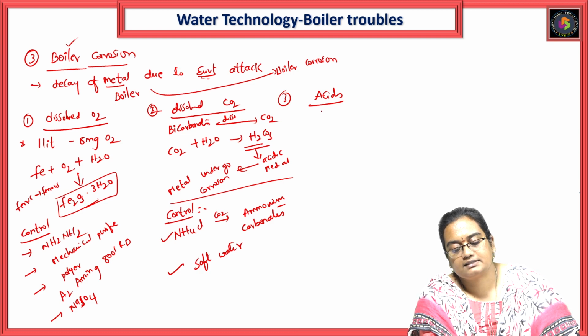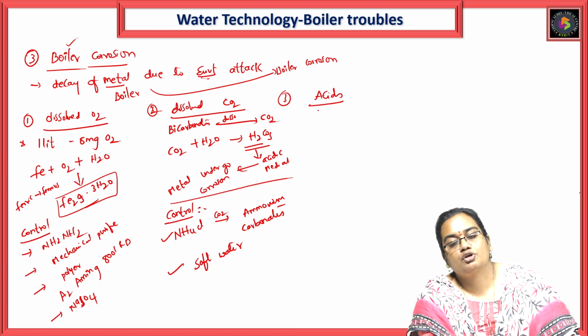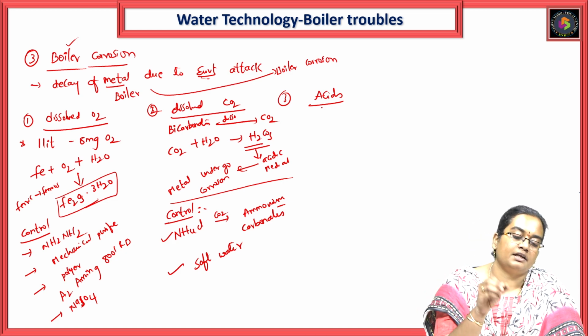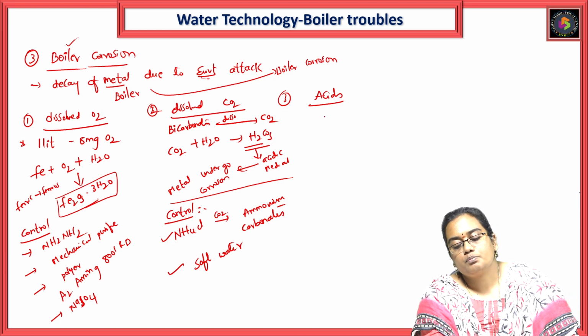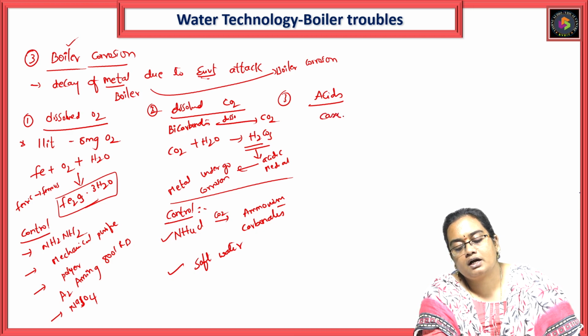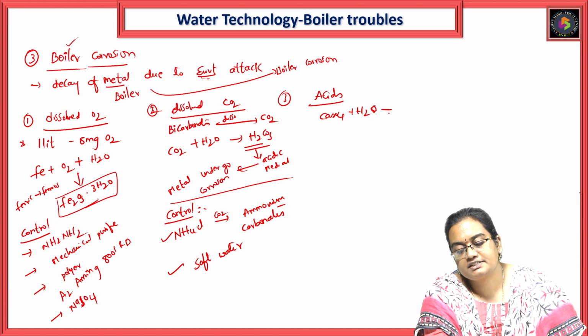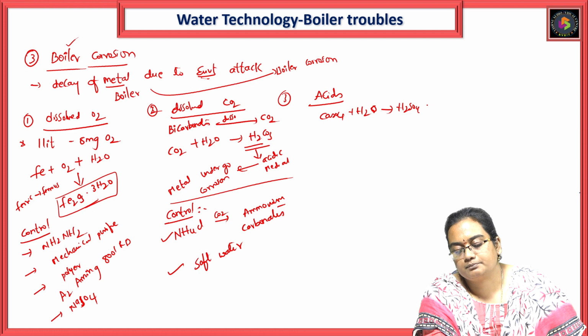Next one is acids. How are acids entering the boiler? We don't take acidic water into the boiler, right? Then how do acids enter the water? Mainly, permanent hardness causing salts undergo hydrolysis. That means when they react with water, you observe acid formation.